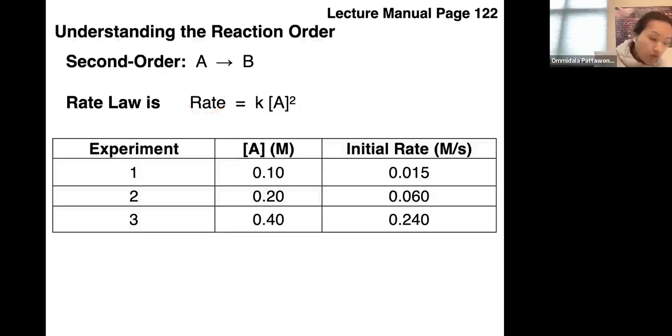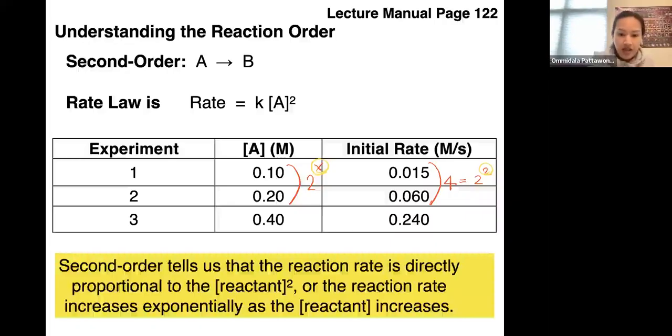For example, if you double the concentration of the reactant, you are going to see that the rate quadruples. So second order tells us that the reaction rate is directly proportional to the reactant squared. The reaction rate increases exponentially as the concentration of the reactant increases.